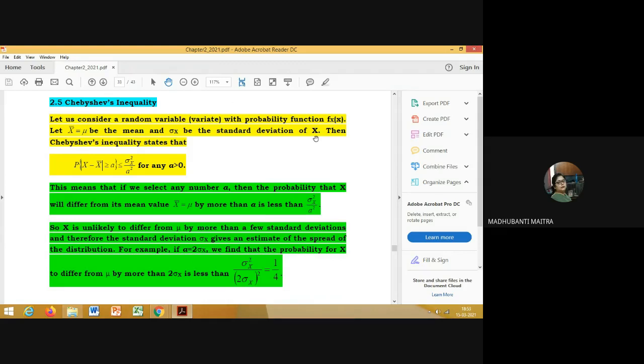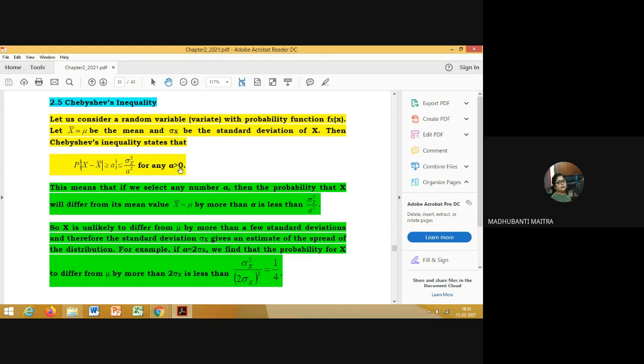Then Chebyshev's inequality states that the probability that mod of x minus x bar, that means the deviation of the random variable from its mean value on either side, is greater than or equal to a, will always be less than or equal to sigma x square by a square, for any a which is greater than 0.